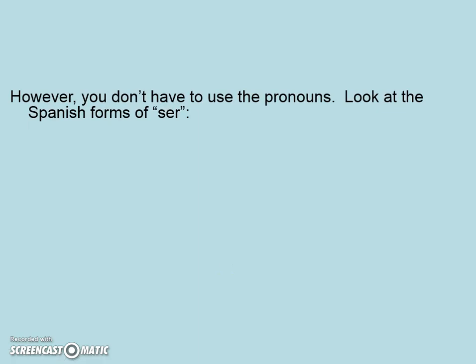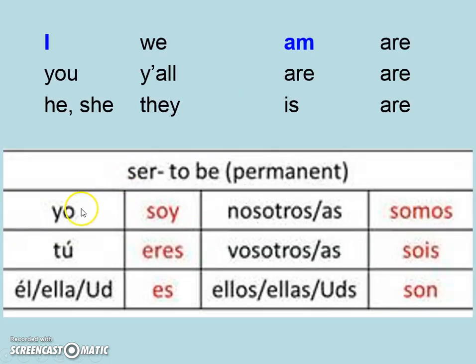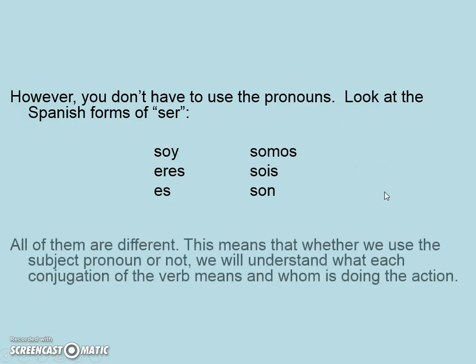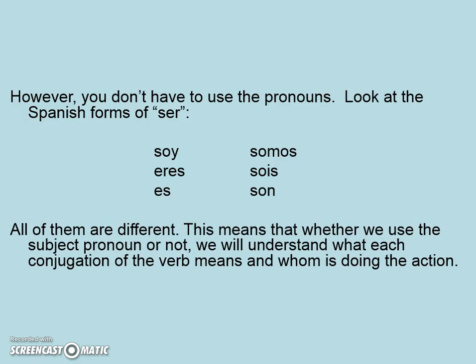Now, however, you saw that I had the subject pronouns listed right here along with the verb. Okay? However, you don't have to use the pronouns when you're conjugating some verbs. So look at the Spanish forms of ser. Just get a good look for a second. If you notice something, all of them are different.